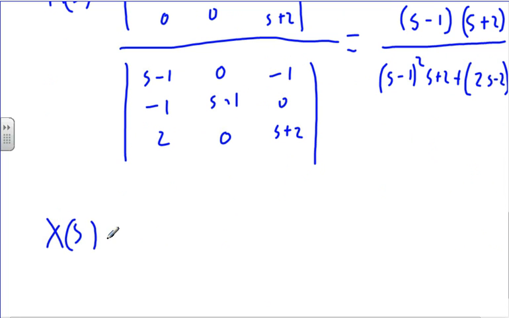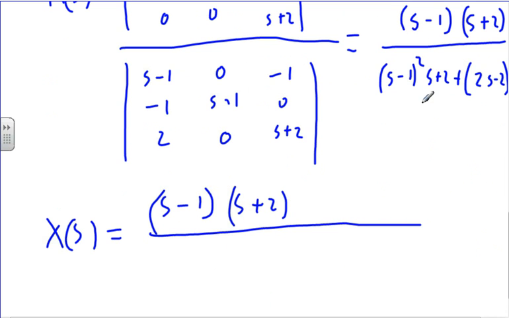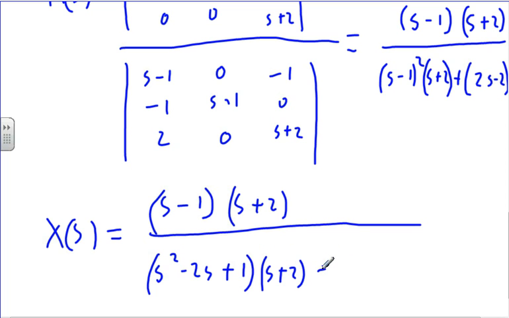X of s is equal, like I said, to s minus 1, s plus 2 on top, and on the bottom I have s squared minus 2s plus 1 times s plus 2, plus 2s minus 2.